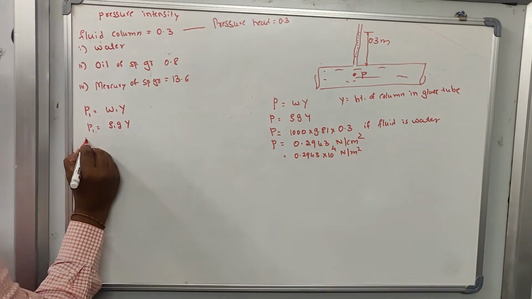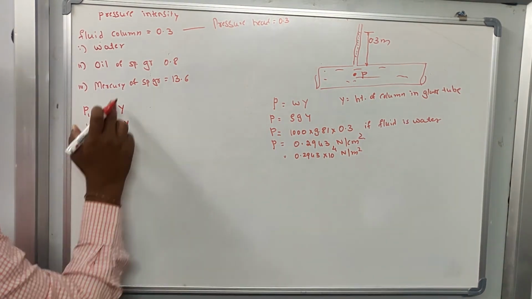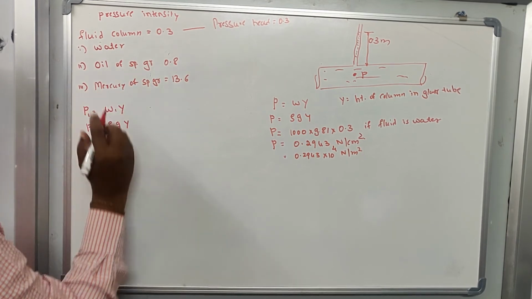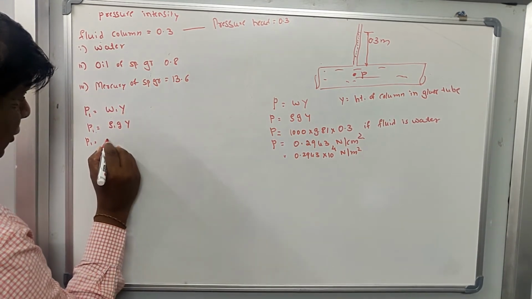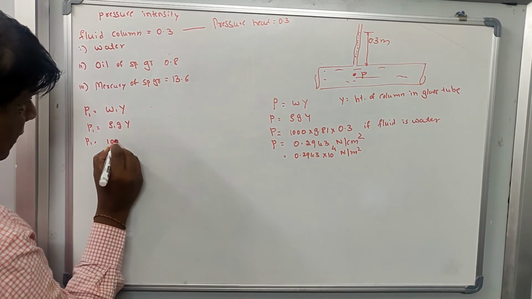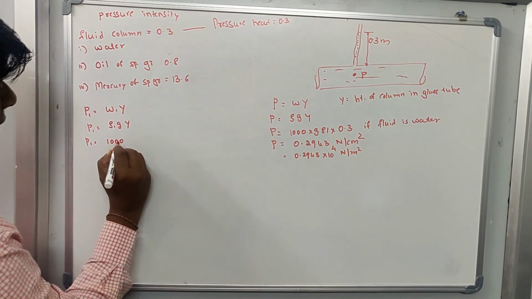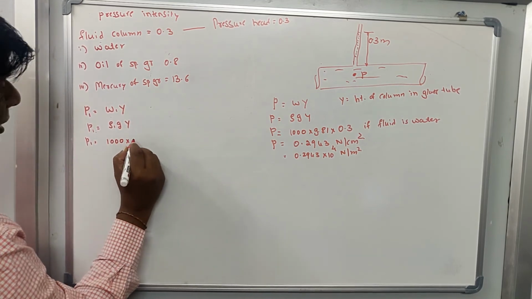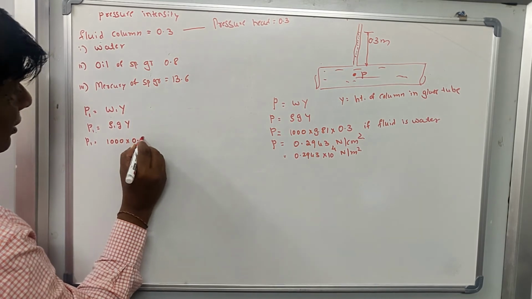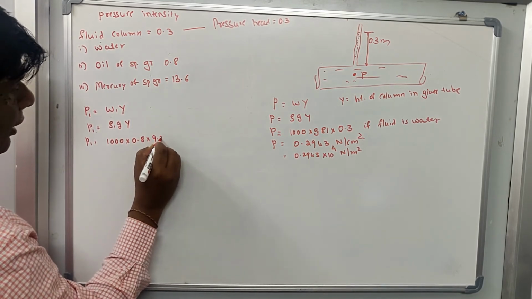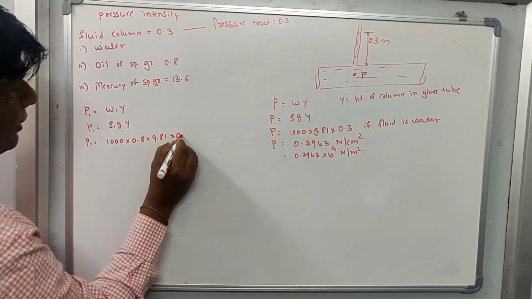So therefore P1 is equal to the mass density of water, that is 1000, times the specific gravity of oil 0.8, times 9.81 into 0.3.